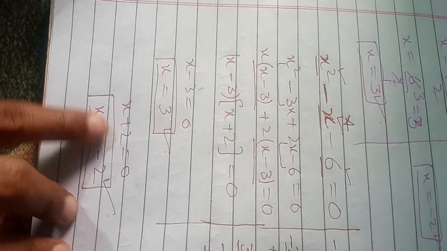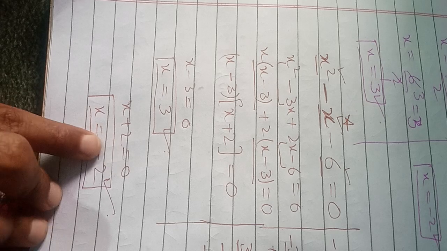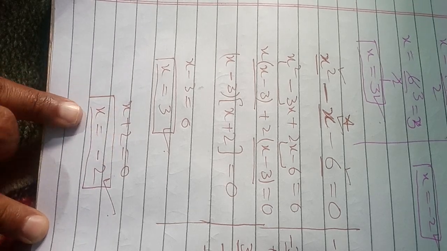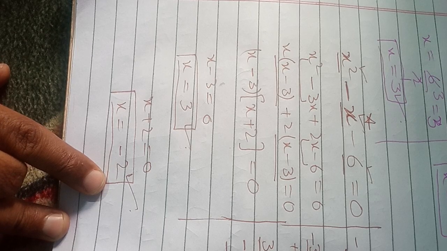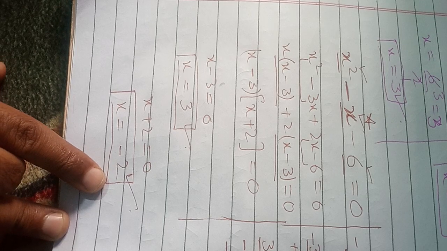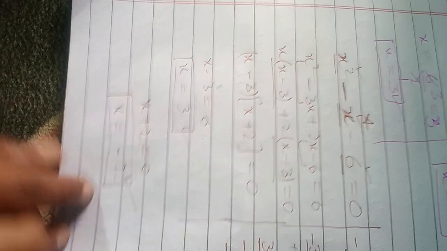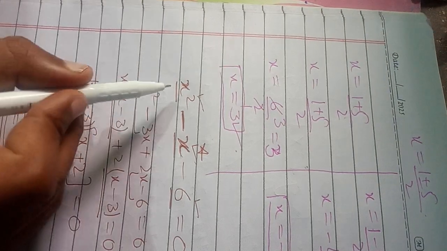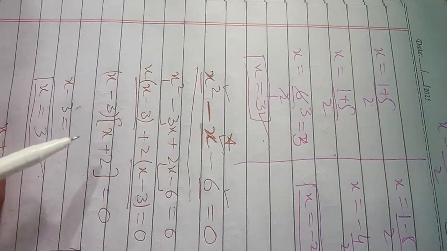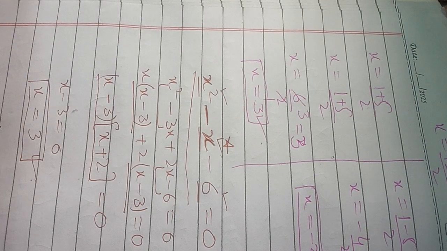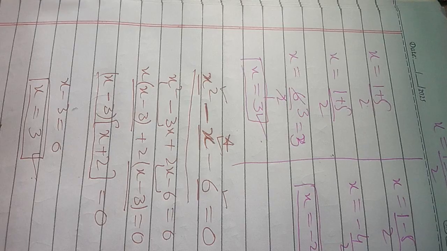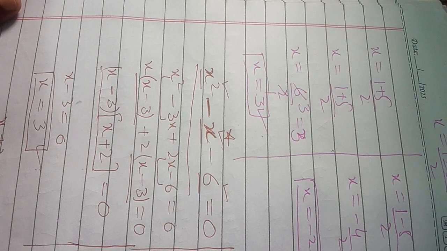Similarly, we can find the value of x from x plus 2, and we will shift the 2 to the right side, and we have received the value of x similarly. And if you are given the factors of any term, you can multiply them and you can get the term of which the factors are given.